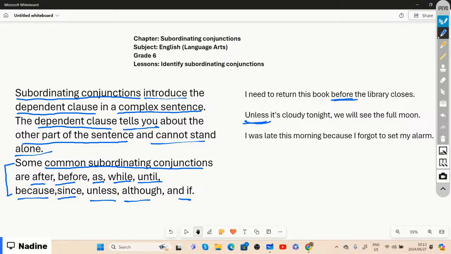Let's look at the next one. It says, I was late this morning because I forgot to set my alarm. We need to identify the subordinating conjunction within that sentence.